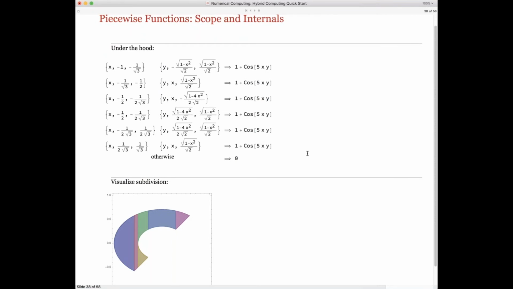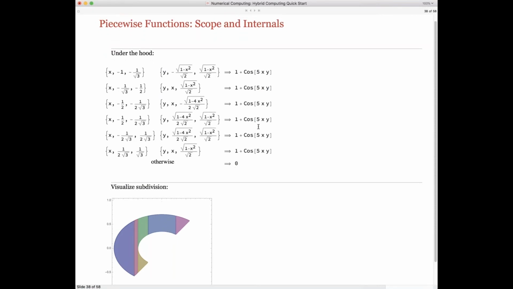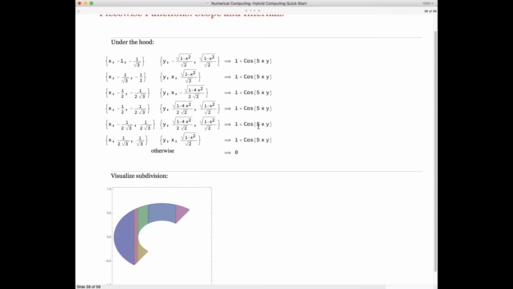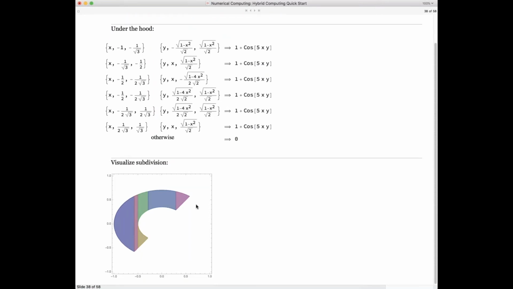Here's a visualization of the 6 subregions Mathematica uses to compute this integral. In this form, a multi-dimensional integration rule can be applied, although we will see later in the presentation that there is a further symbolic optimization that NIntegrate performs on each of these 6 subregions.